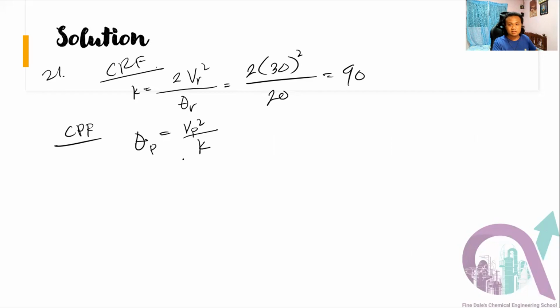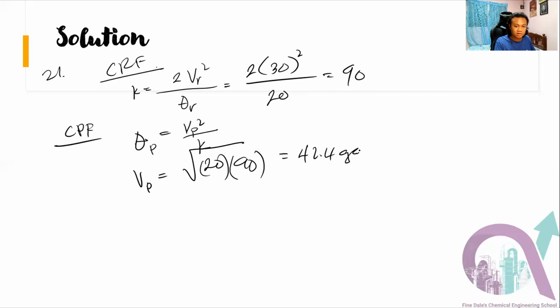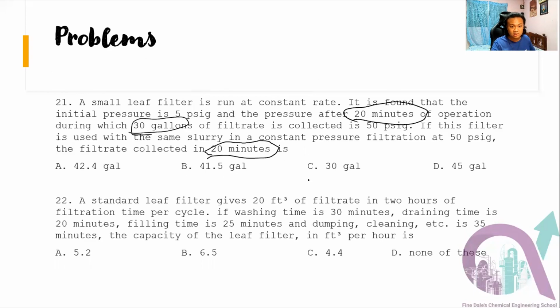So this is the result, and it's simplified. So you have VP2, VP. You have 20 minutes, and then you have 90. Then you'll have 42.4 gallons. Okay, 42.4 gallons. And that's letter A.